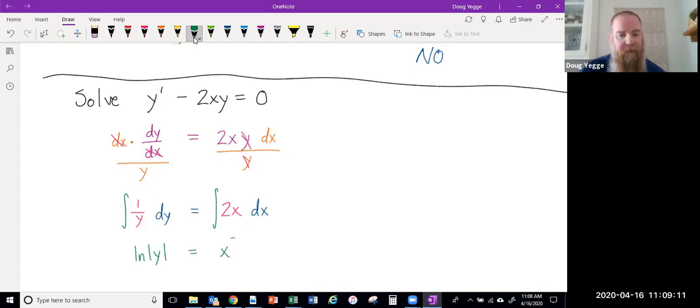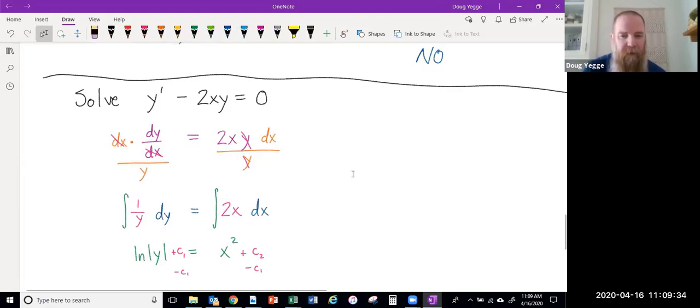Now notice that technically this has a plus c over here, and this has a plus c over here, but they're technically different. So I could call it C1 and C2. But really, I could just subtract C1 from both sides.